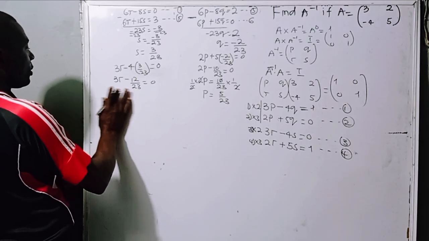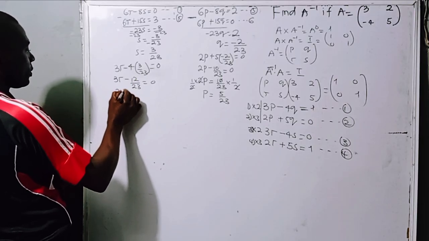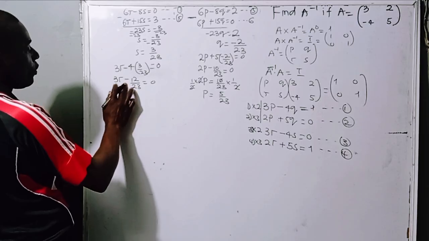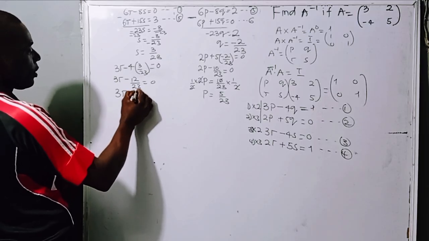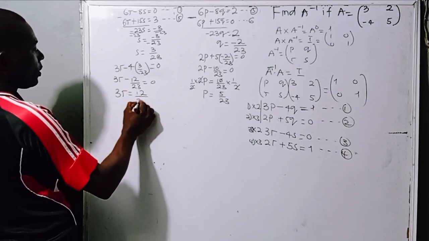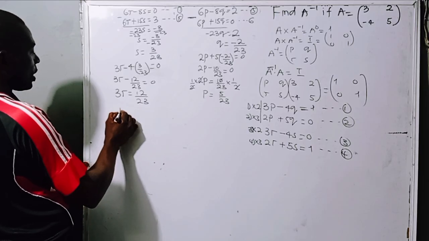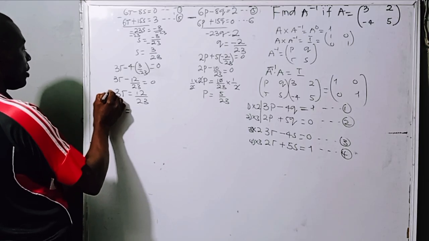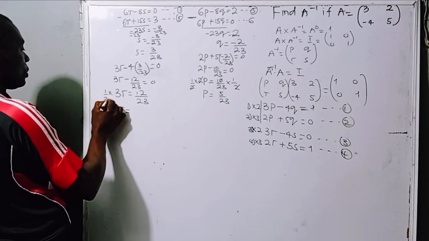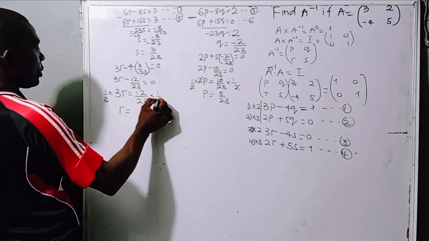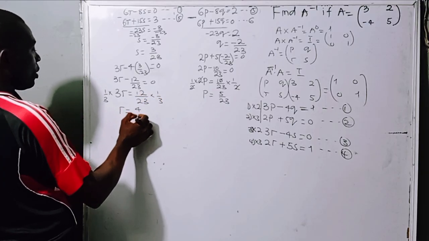So 3r is equal to, if we move the negative to the right hand side, it becomes positive 12 over 23. To get r, multiply both sides by 1/3, and this becomes 4 over 23.